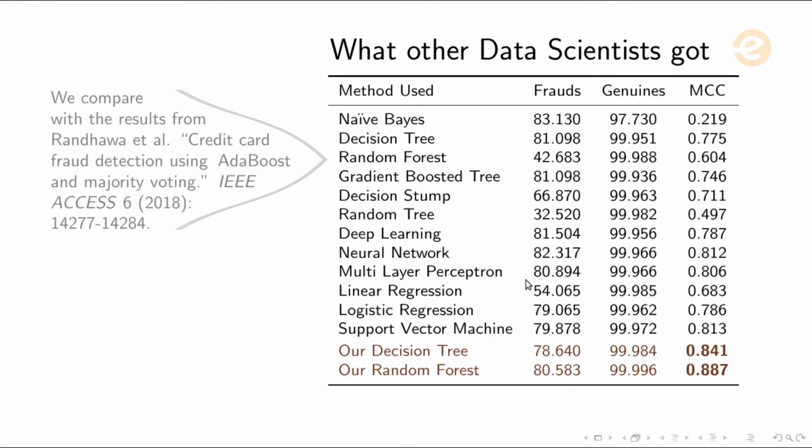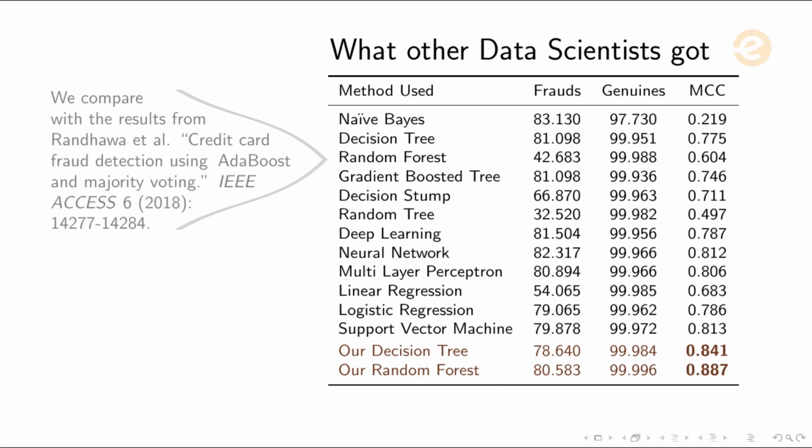78.64 is a little worse than a few algorithms here, but if we calculate the MCC, that is the Matthews correlation coefficient, we see that it is quite a bit better than the best obtained by these 12 algorithms. The best one was 0.813, obtained by support vector machine, and the next best, obtained by neural network, is 0.812.